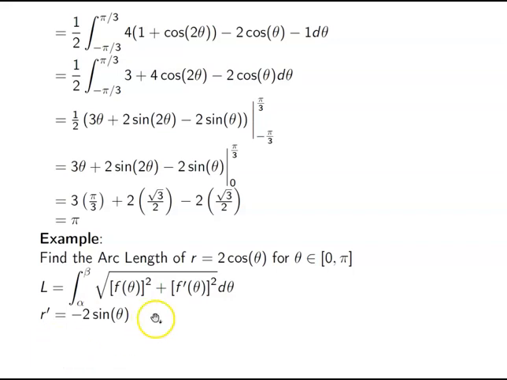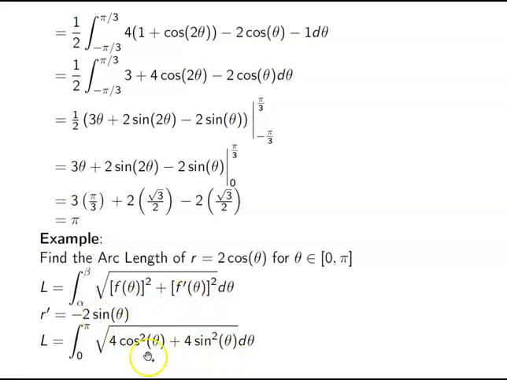So r prime: cosine starts with a c, so it changes sign when I take the derivative. So it goes to a negative sine theta. The 2 stays there. Then the rest of it is very easy to do, right? Squaring my function gives me 4 cosine squared, and the derivative gives me 4 sine squared, which is nice.